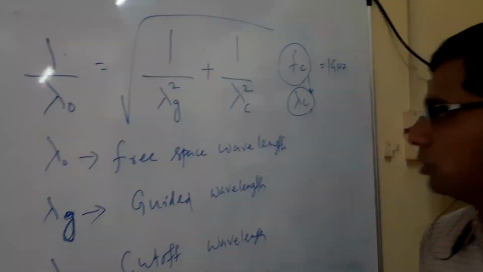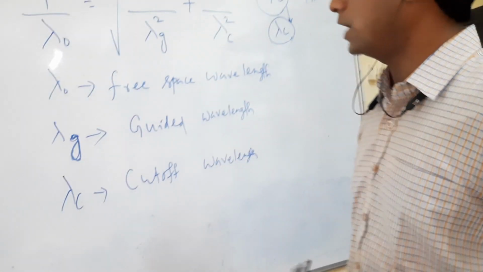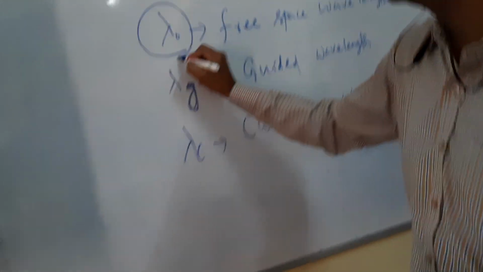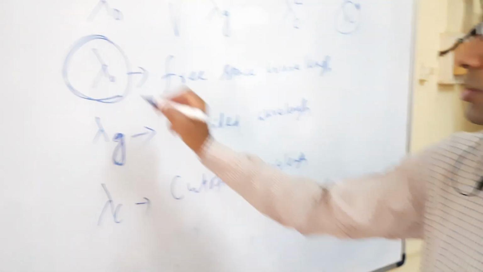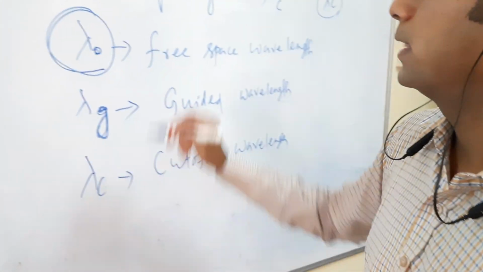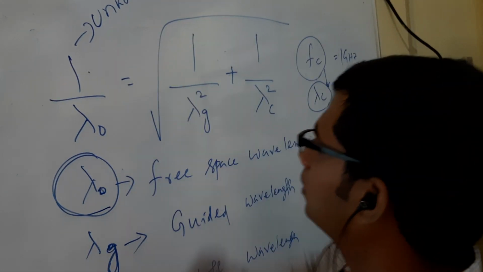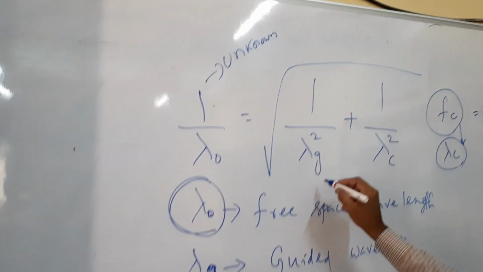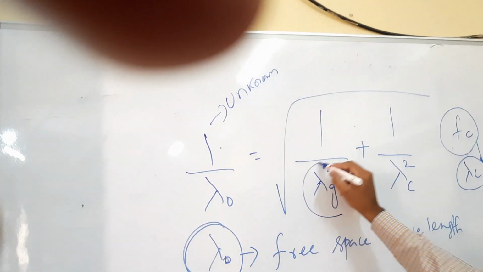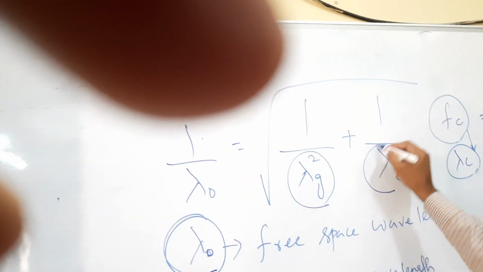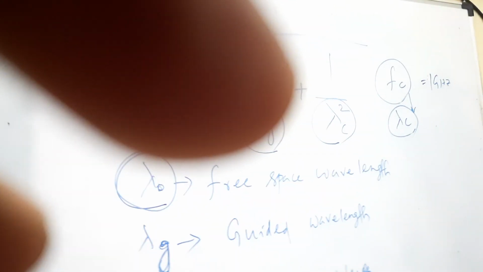So what do we have to calculate? Here we have to calculate lambda 0. So here the unknown is this one. And from the microwave test bench we can calculate lambda g and lambda c. So lambda c is fixed.